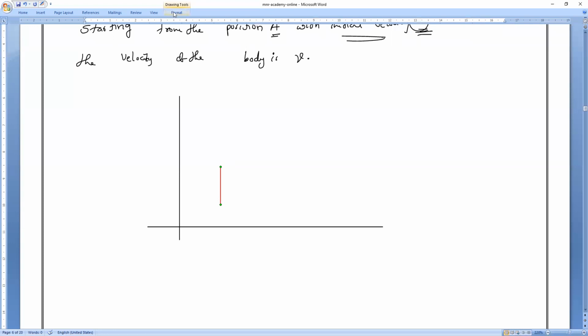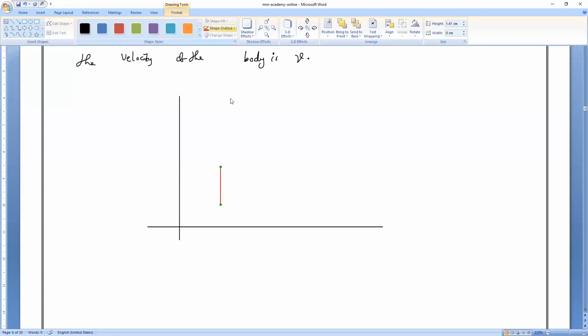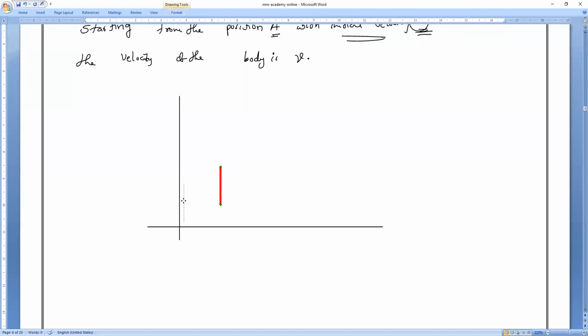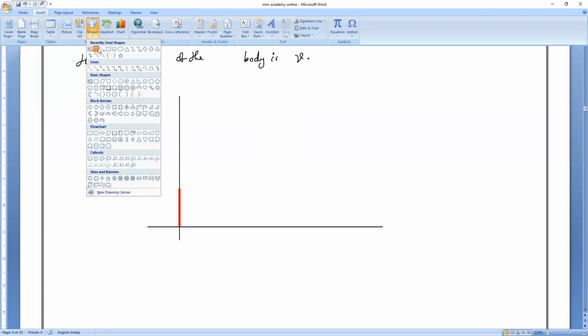Is that clear? The body's initial velocity is not 0. Understand, everybody? Yes, sir.